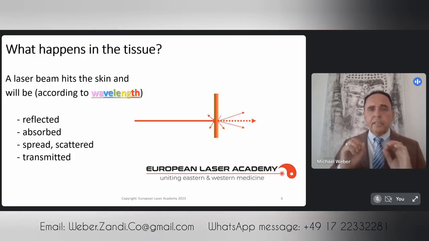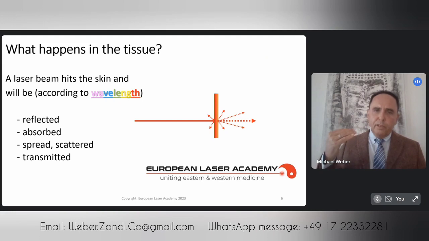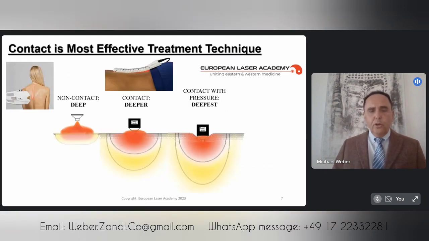The laser beam that hits the skin will be partially reflected, partially absorbed, scattered, and transmitted. One of the most important pieces of information from the whole webinar is how we can get the best transmission, and this is the fact that we need good coupling to the tissue. If we work with a laser scanner, it's very nice to irradiate a huge area, but in these cases we have lots of reflections of the photons, so we lose much of our effectiveness.